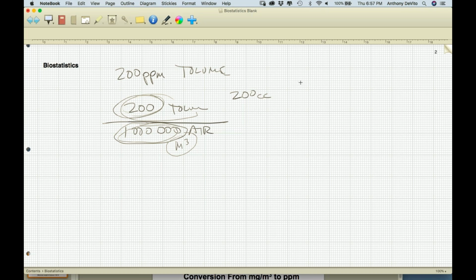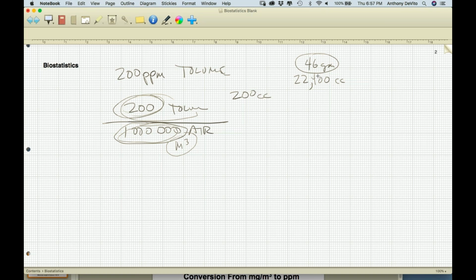Well, we know that 22.4 liters, or in other words 22,400 cc's of toluene, contains, what was the molecular weight again? 46 grams of this material, right? So how much is 200 cc's?